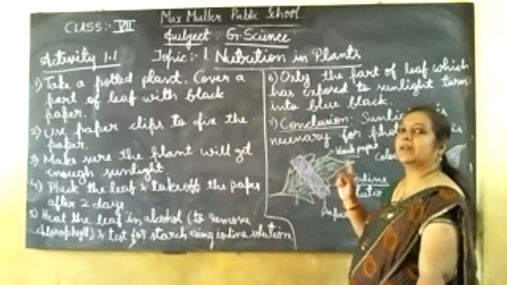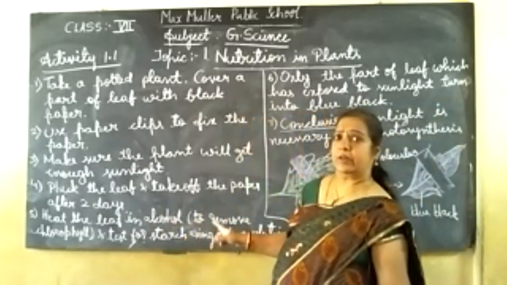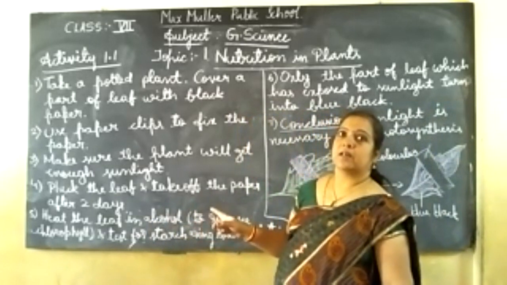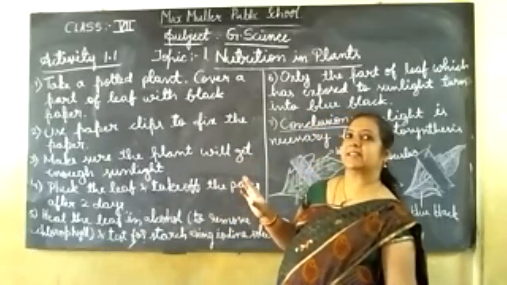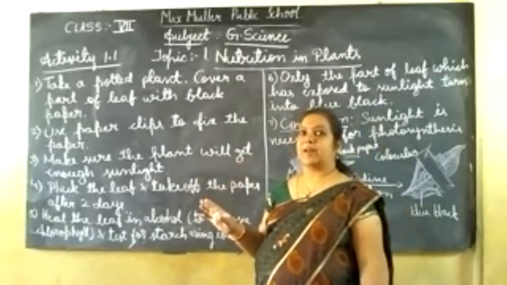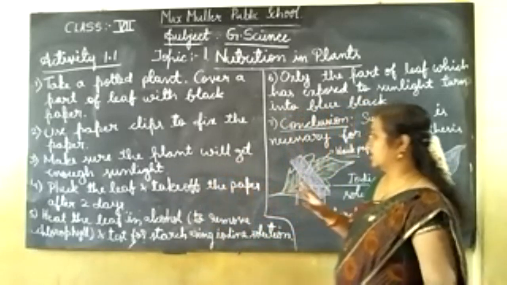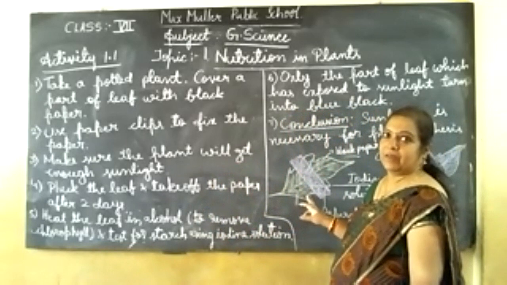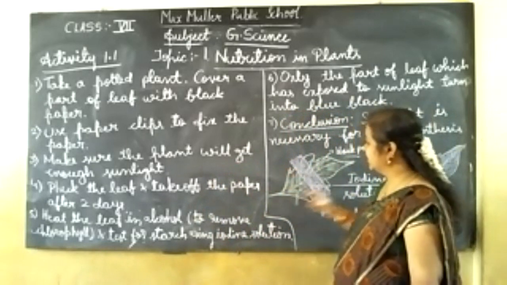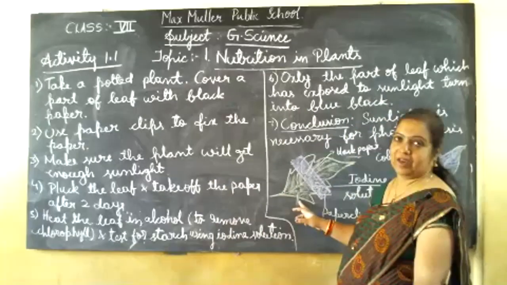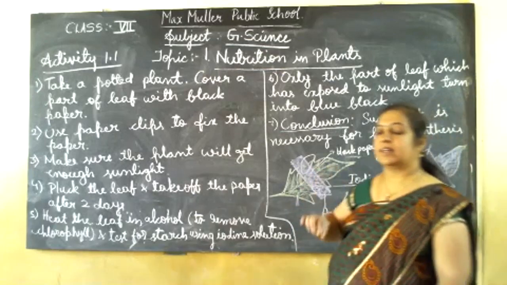Why are we heating this? One thing you want to remember: we are doing an experiment to test for starch, whether starch, the carbohydrate, is prepared in the leaf or not. This leaf we kept in sunlight, so food is prepared in it, and the leaf is green in color. How do we test for starch?